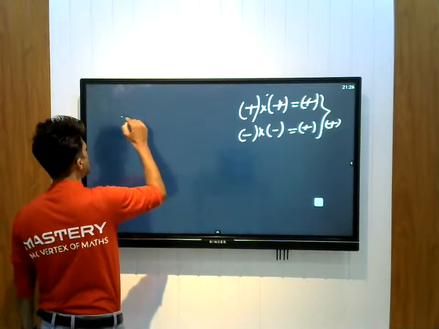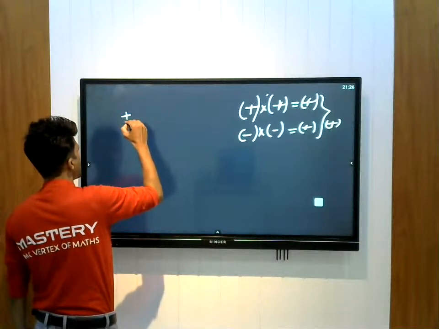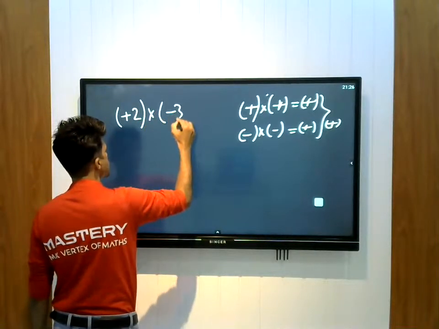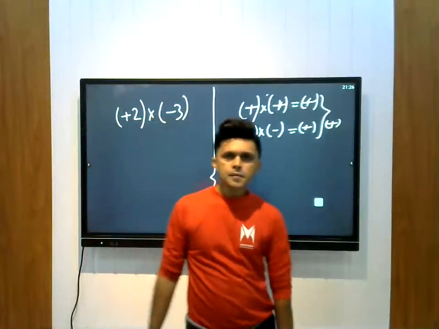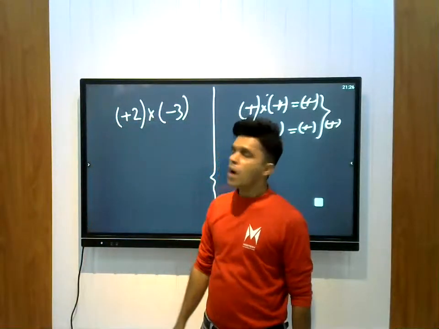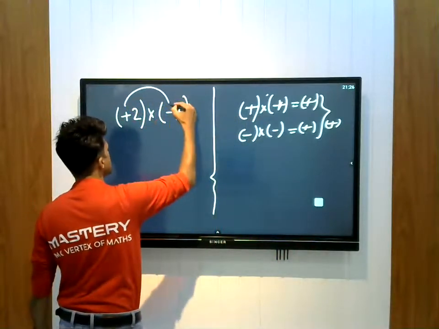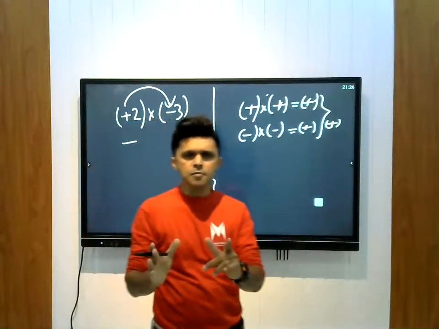Then how can I do this one? This type of one, plus 2 into minus 3. Plus into minus is minus. Here is the concept of maths.